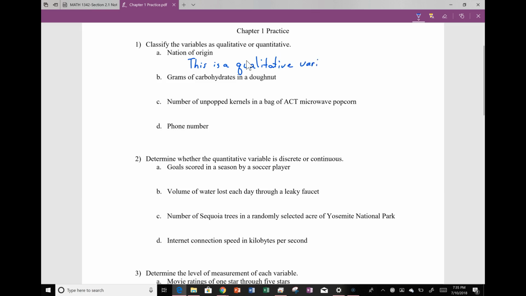And you'll notice I'm writing in complete sentences, and I'm being a little bit descriptive because I want to identify what we're looking at.